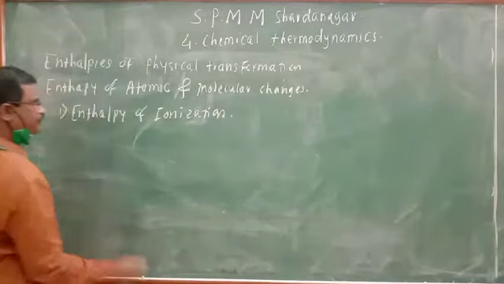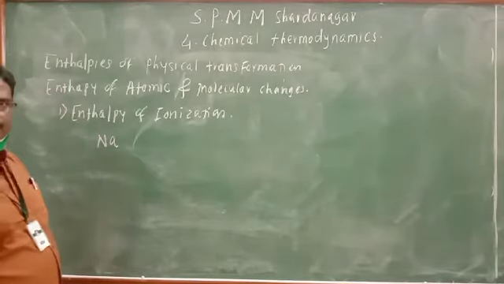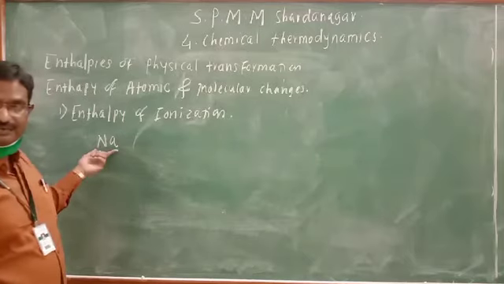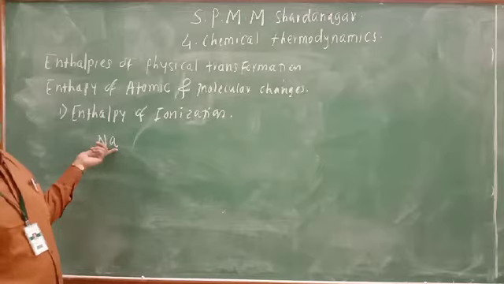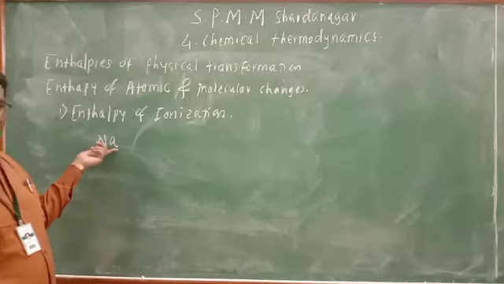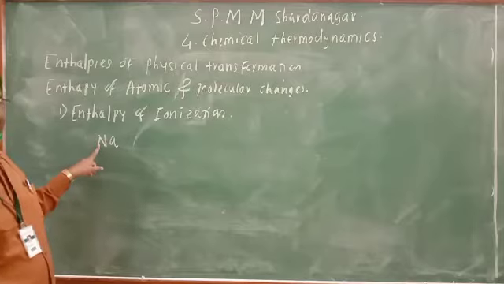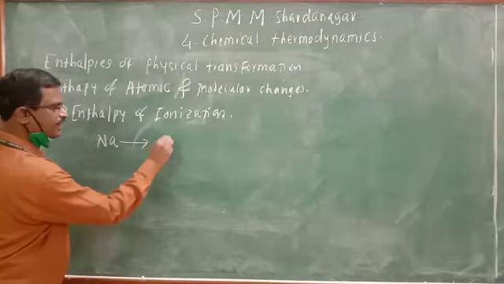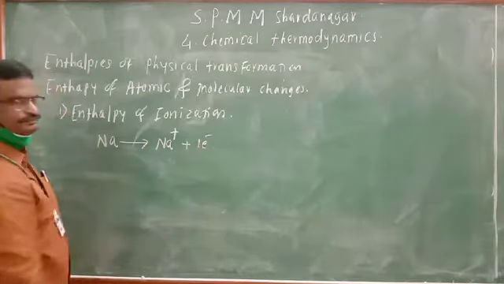If we take 1 mole of sodium atoms, how many atoms are there in 1 mole of sodium? 6.022 into 10 raised to 23 atoms are there. So all those atoms are converted into their ion, Na plus, and 1 electron.